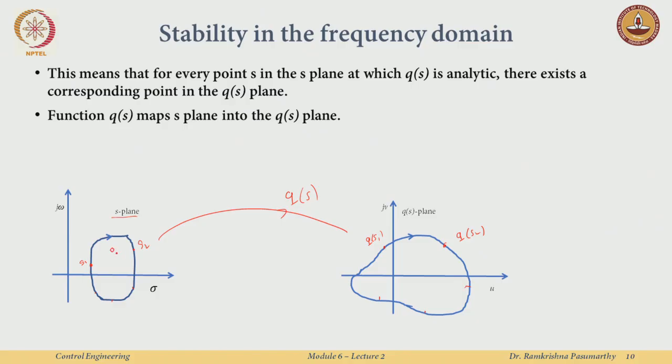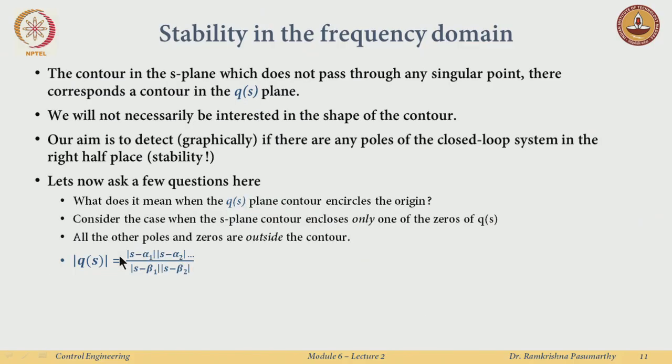Let me draw a zero here and call it alpha 1. All the other poles and zeros are outside the contour. Now, given this complex number, I can compute the magnitude of QS, and I can also compute the angle: the angles of the zeros minus the angles of the poles.